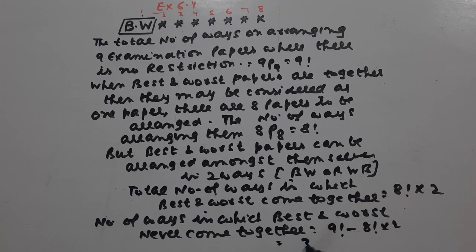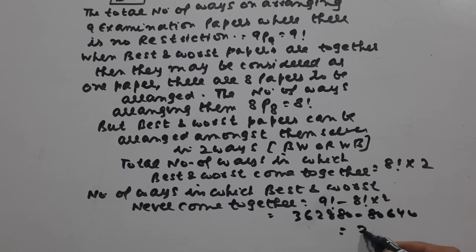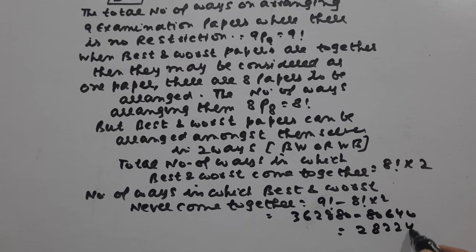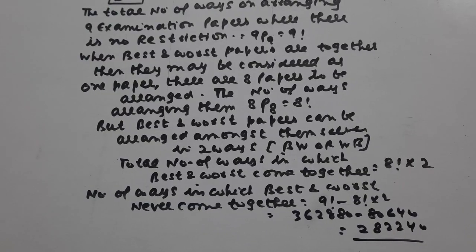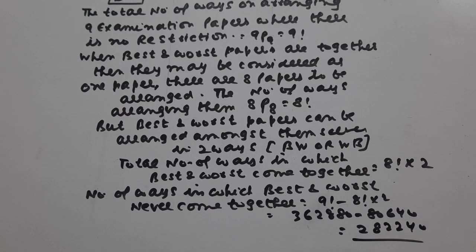On solving it with the calculator, 9 factorial is 362,880 minus 80,640, which gives 282,240. So these are the cases in which best and worst never come together.